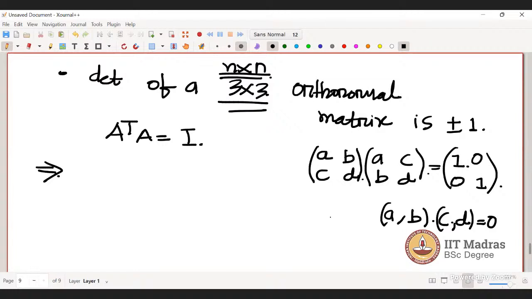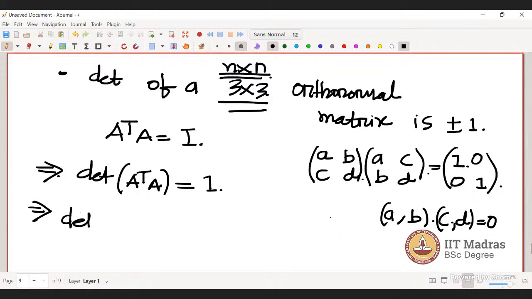It's true for n cross n. So now you apply determinant. The determinant of A transpose A is 1, right? That means determinant of A transpose times determinant of A is 1. I'm just applying the multiplicative property of determinant.